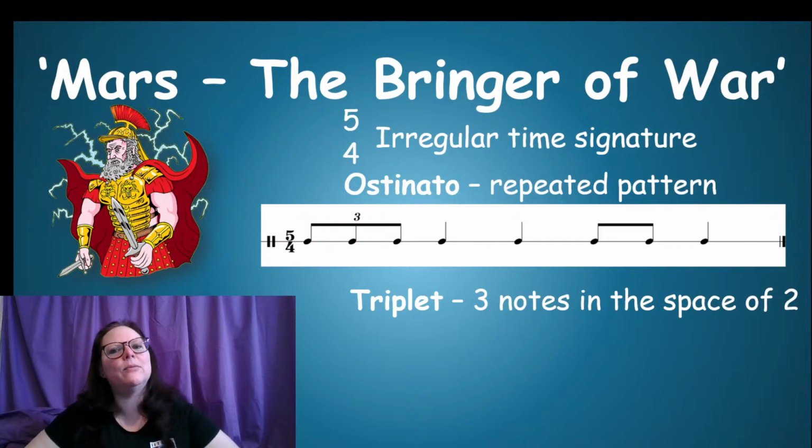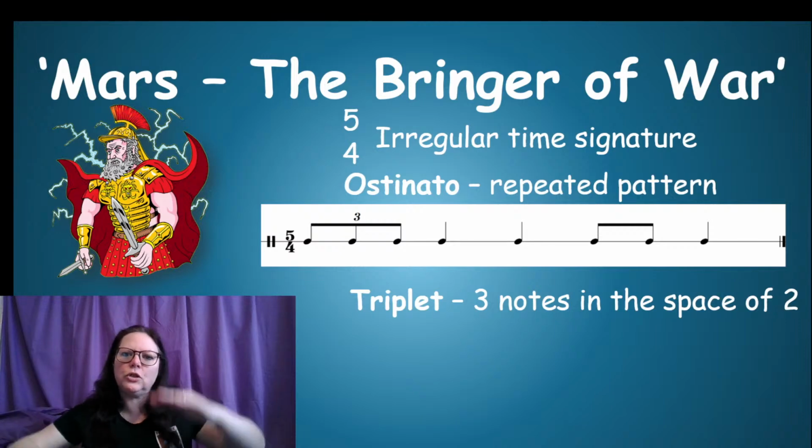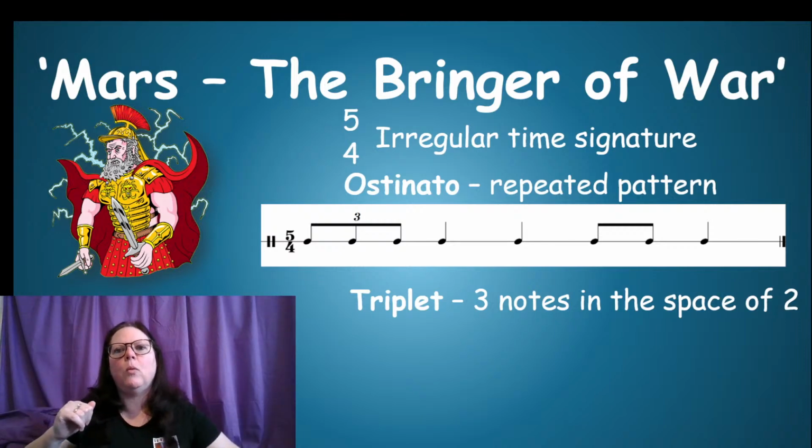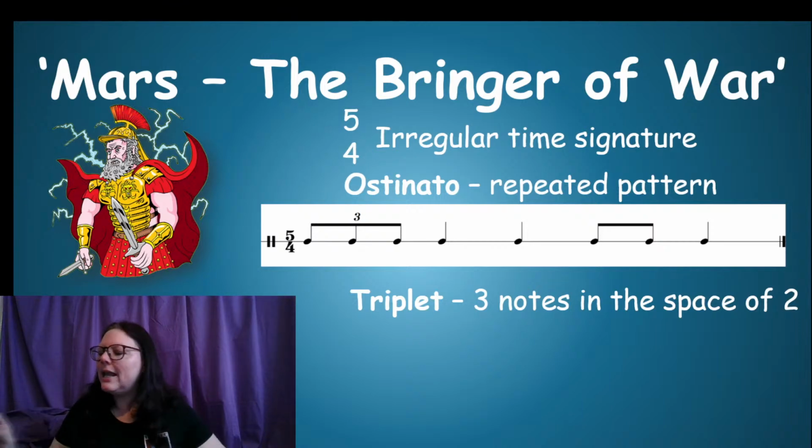I use my legs because it was easier to do the 1 2 3, because you can swap between. Whereas if you're clapping, you've got to obviously move very quickly, but it's entirely up to you. Let's have a little go at playing in time with the music.